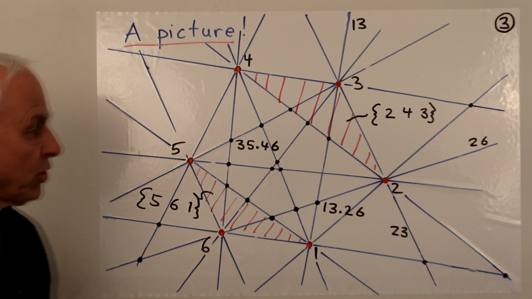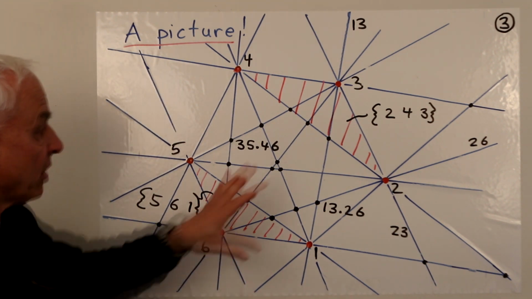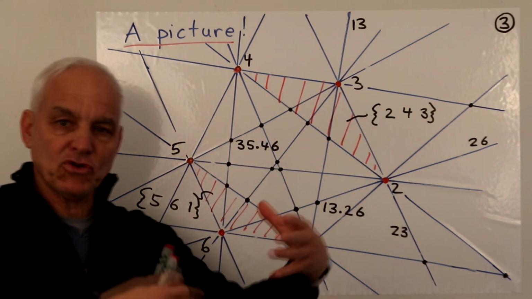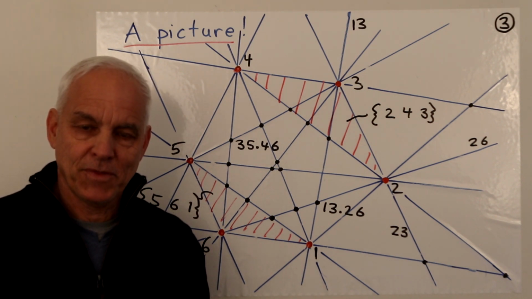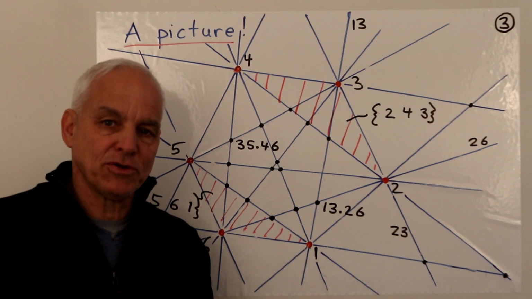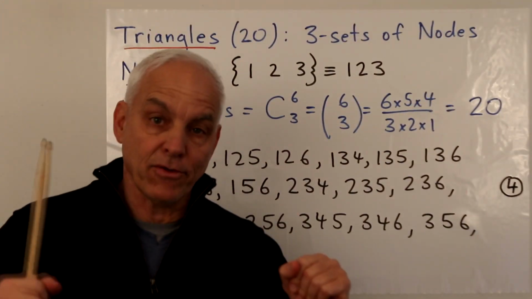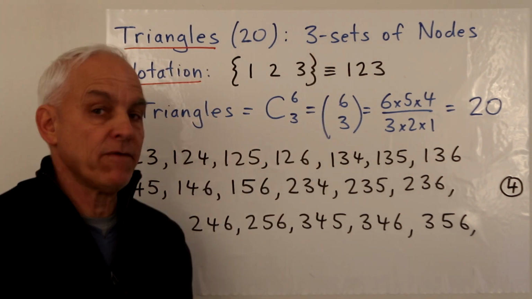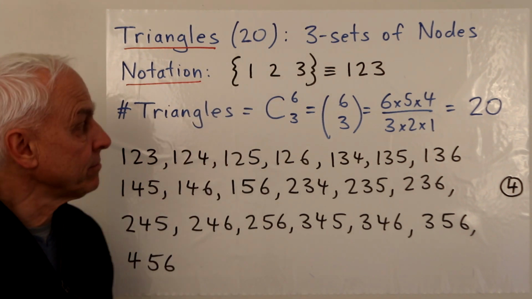So when we're looking at triangles, it's not unreasonable to consider not just single triangles, but also these pairs of triangles that seem to want to fit together. So that's actually a very natural and profitable kind of direction to think about. All right, so let's introduce triangles. So a triangle is a three set of nodes, and there's, I claim, 20 of them.